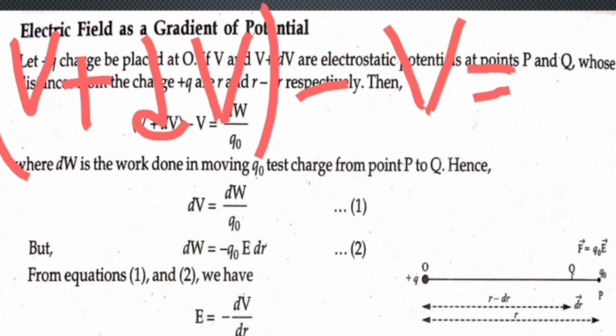So here from point P to Q, I need to place a charge of value Q naught. Picture is so small, so I'm not writing anything here. Okay. Anyway, so this is your value.